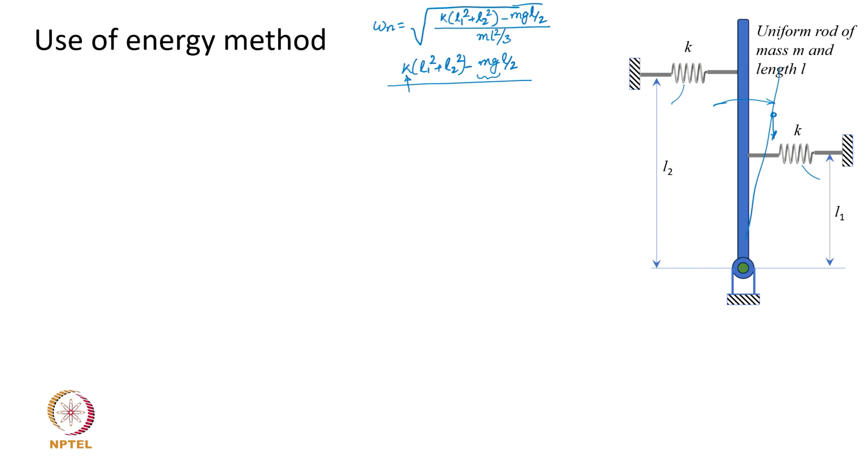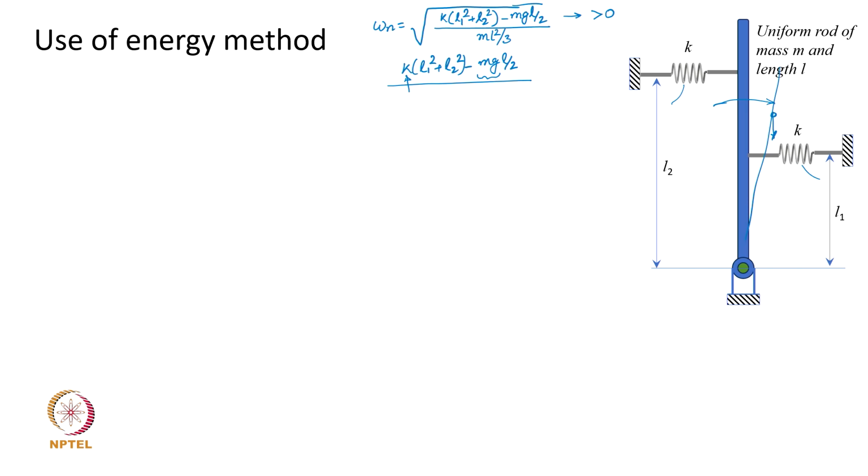So, let us look at those eventualities by looking at two or three possibilities. One possibility is that their relative values are such that this numerator is greater than 0. Then there is no problem, in the sense that the natural frequency will be some numerical value, and obviously the bar will keep on swinging back and forth under the action of the restoring forces and the inertia of the bar.